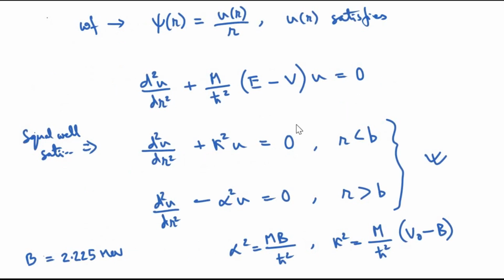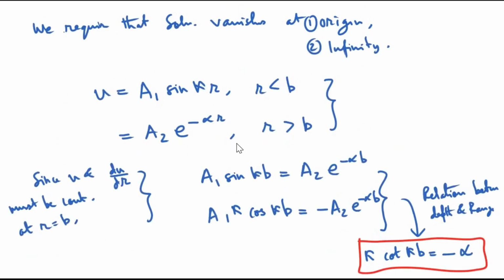Two simplifications, then we solve them quantum mechanically, and we obtain the relationship between depth and range. This is important. So you can expect questions like solve the Deuteron problem for the ground state and obtain the relation between depth and range.